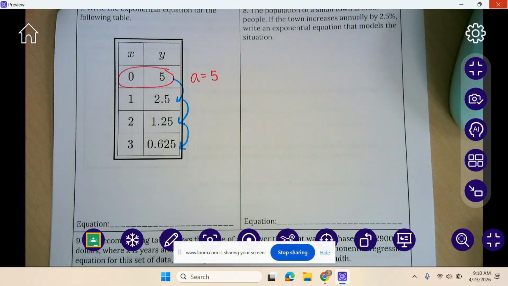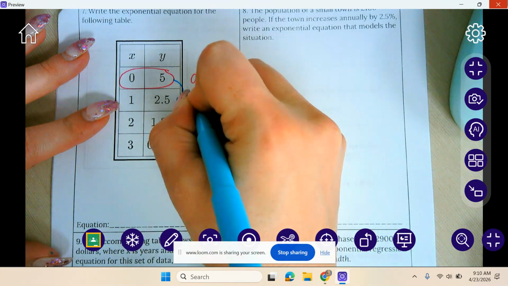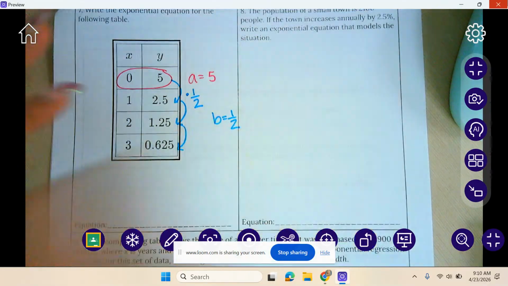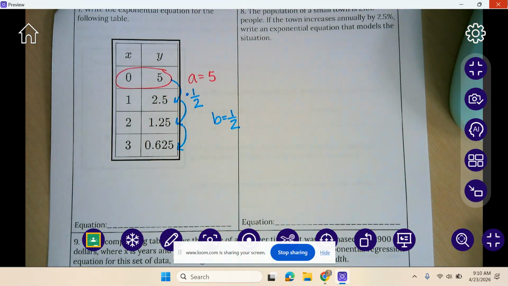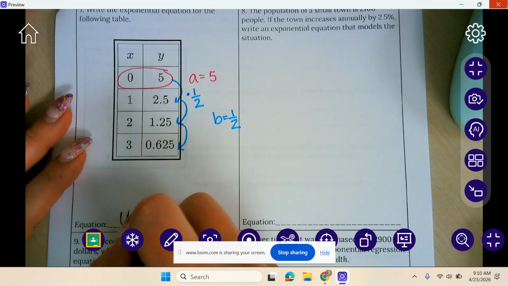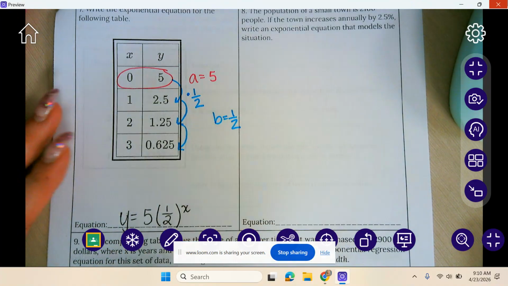However, we can't divide by 2, we have to represent it as a fraction. So we would write that as multiplying by 1/2, which means my B value is 1/2. Any questions on that? You could have also put that in Desmos.